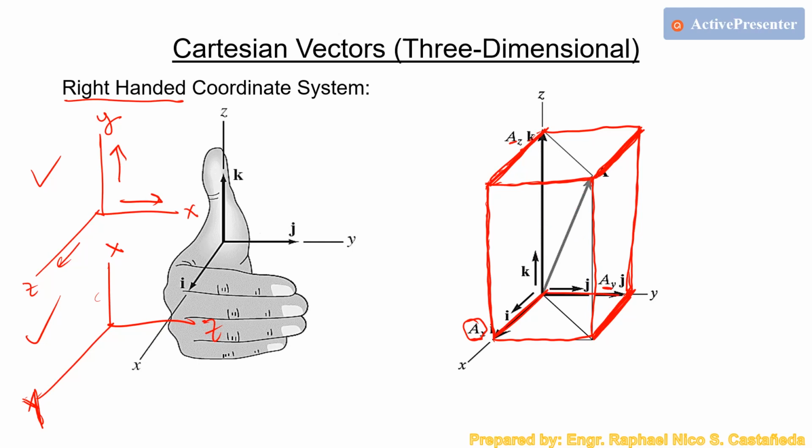For AY, this side right here, this one and this one, represents the magnitude of the y component of the vector. Then for z, it represents the height, which is measured here and also here, this one and this one, representing the z component of the vector.